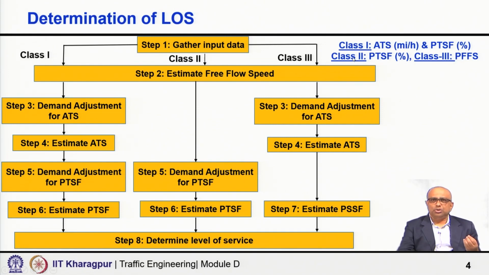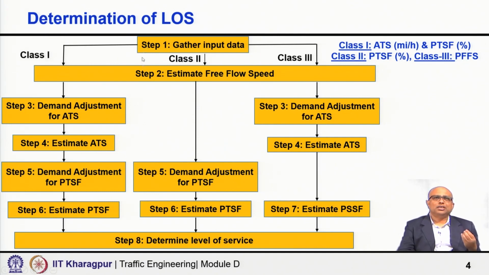For class 2 road, it is only percentage time spent following, and for class 3 roads, which are passing through local towns or urban settlements, we only use percentage of free flow speed.